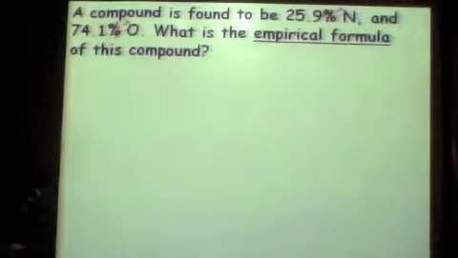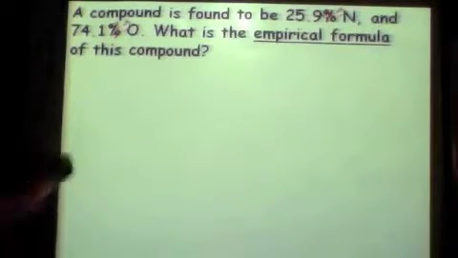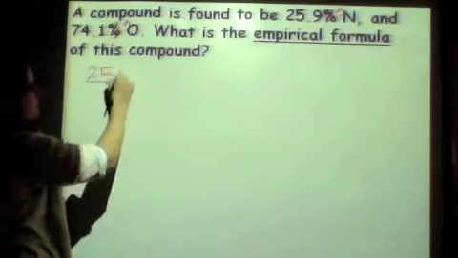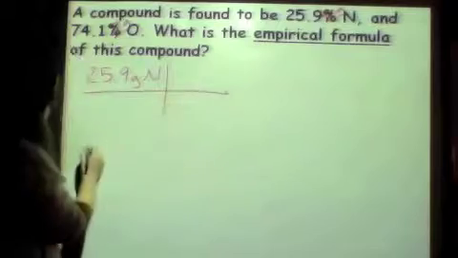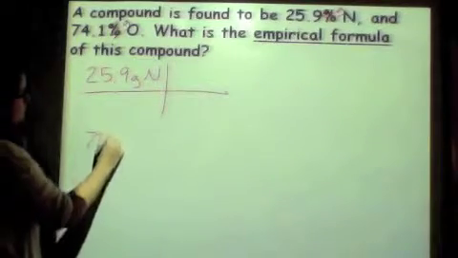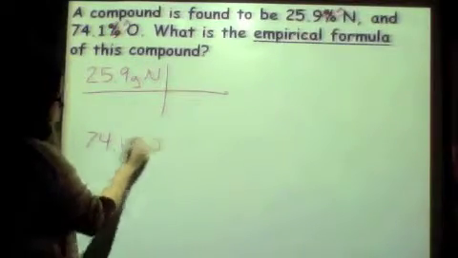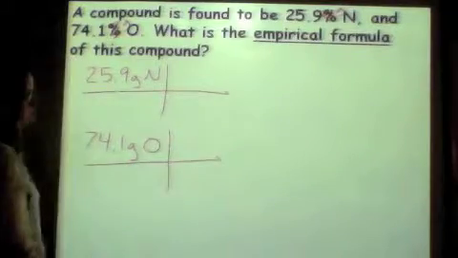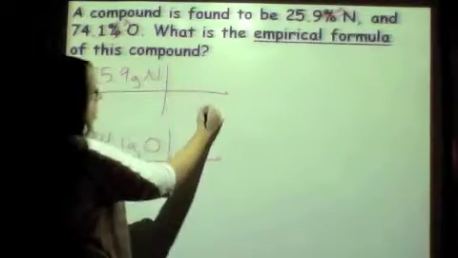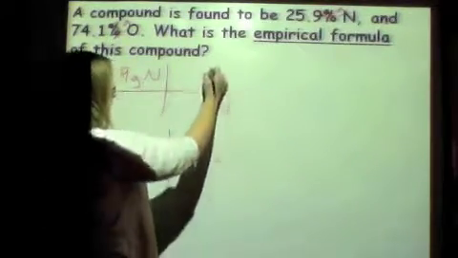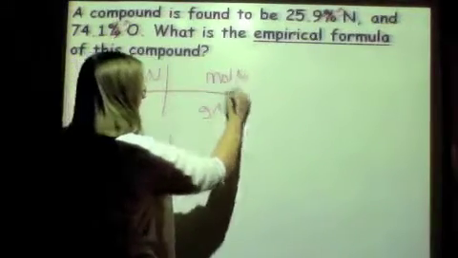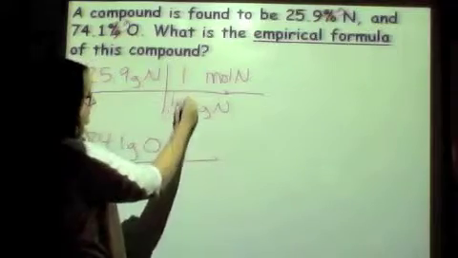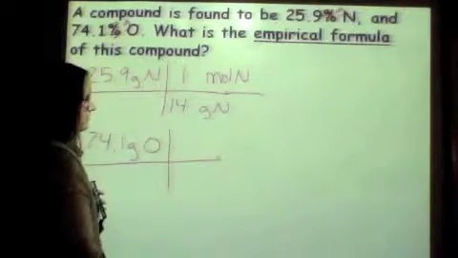Step 2, mass to moles. So we're going to take 25.9 grams of N and convert. And we're going to take 74.1 grams of O and convert. So grams of nitrogen on the bottom, mole of N on top. 1 mole is 14 grams.